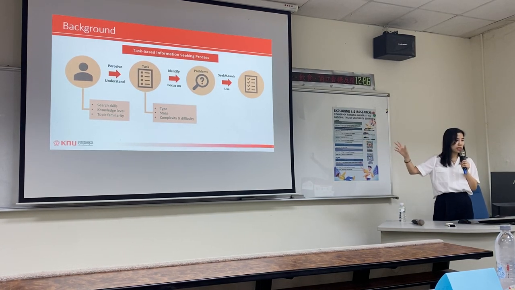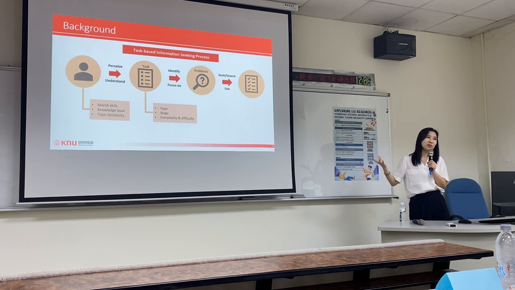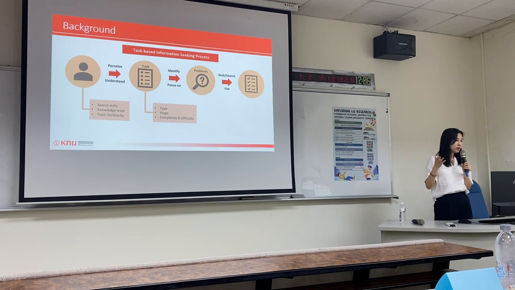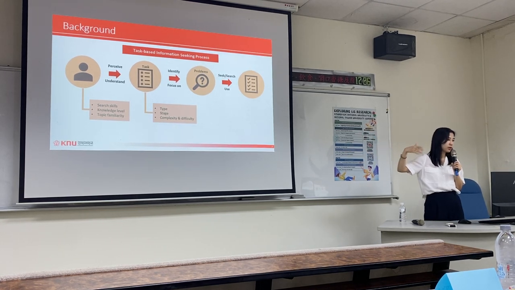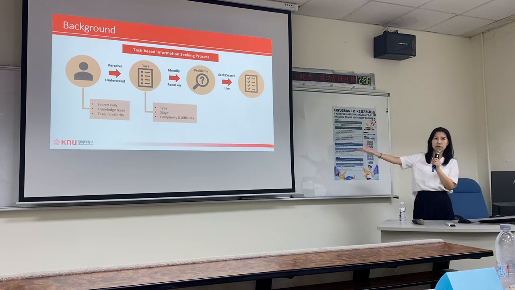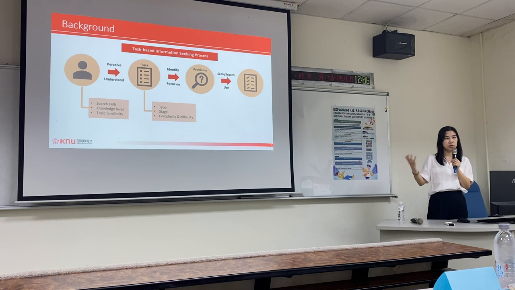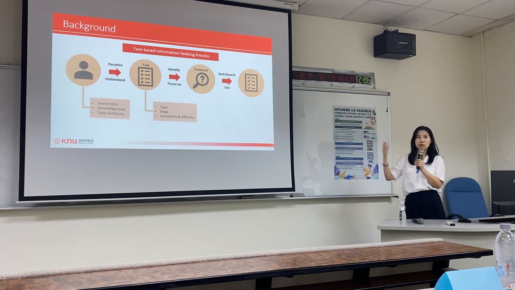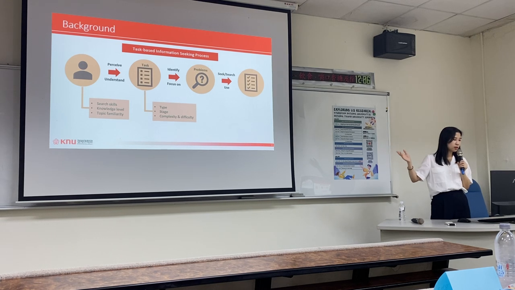Maybe some of you are familiar with this area. Task-based information seeking is researched by a lot of scholars, and they focus on several factors that may influence this process. Mostly they talk about individual characteristics, like a person's ability to search and ability to understand the topic, or the characteristics of a task itself.